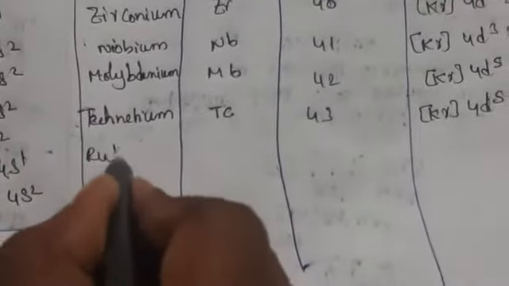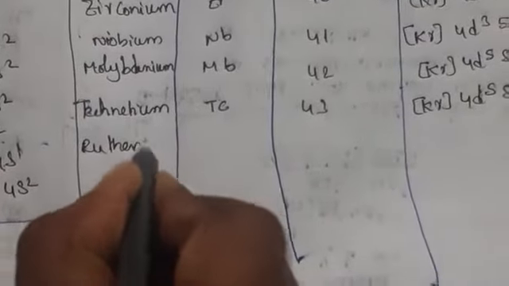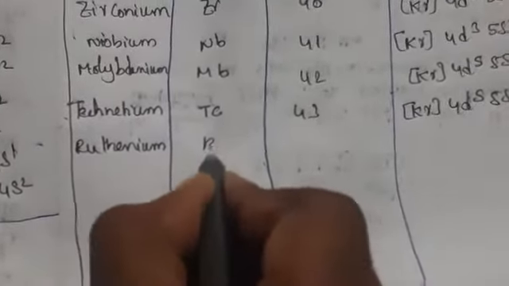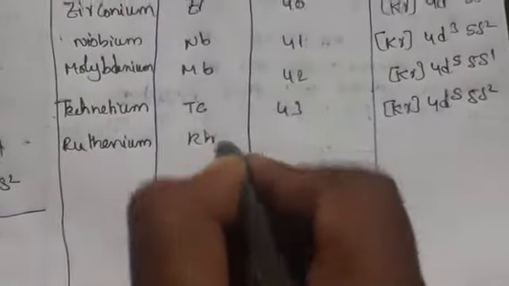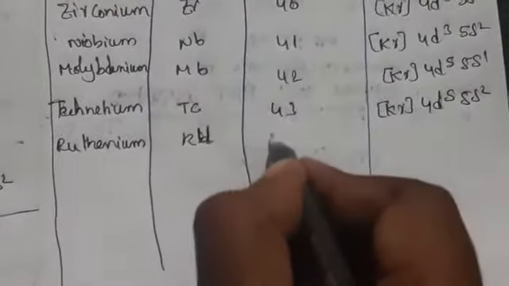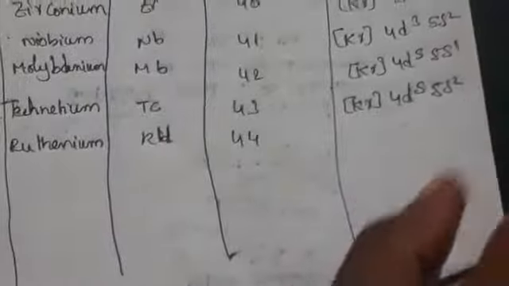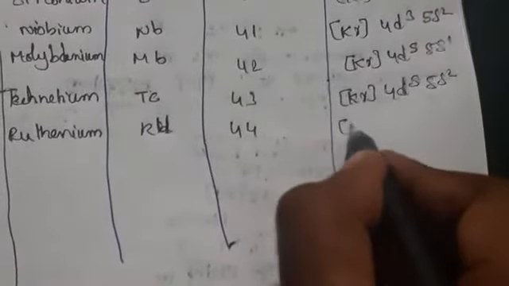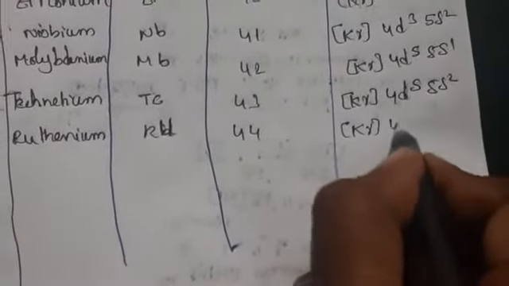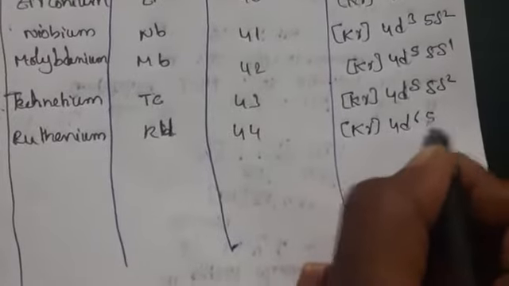Next one we are having ruthenium, that is Ru 44, configuration Kr 4d6 5s2.